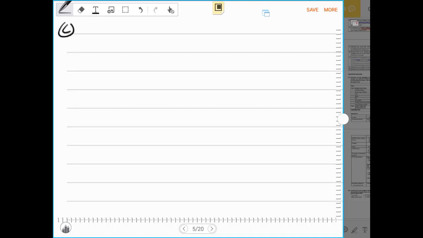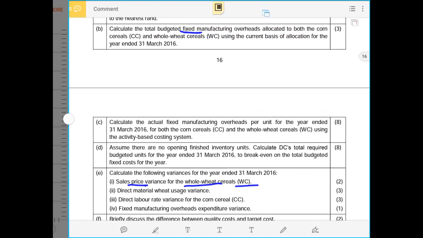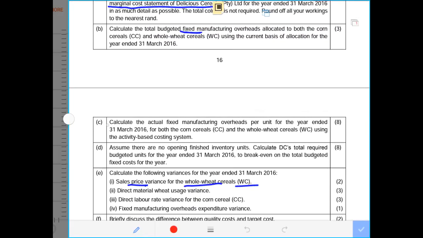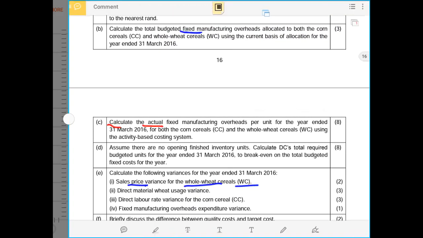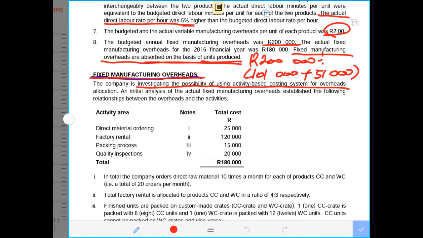So now we go straight to requirement number C. Requirement number C states that we should calculate the actual. Remember, there were two fixed costs. There was budgeted, which was 200,000, and that was requirement number B. And there is actual, and the actual is 80,000.